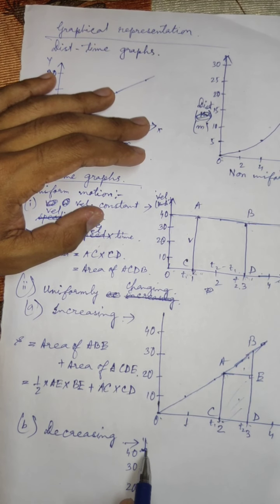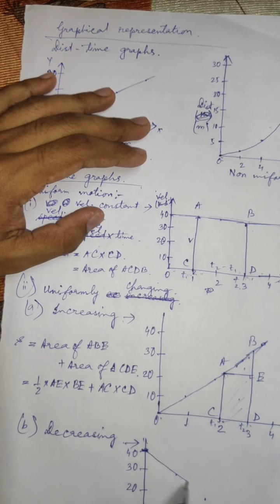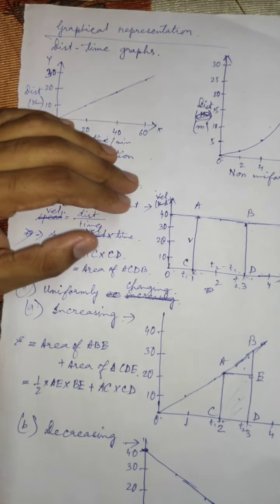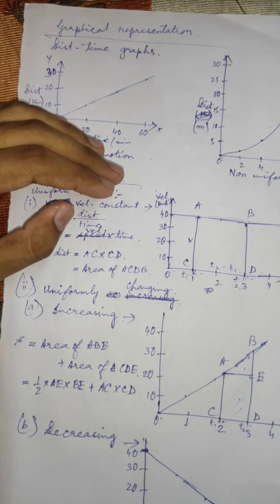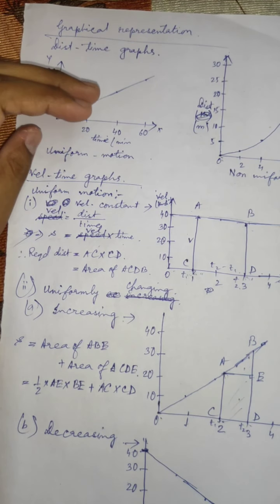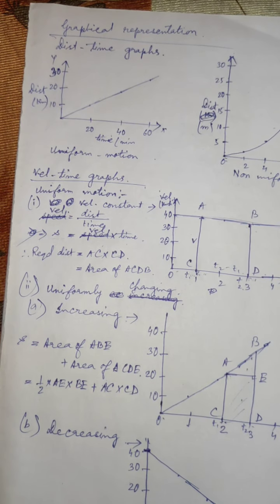Suppose the velocity at the first instance, at 0 seconds, was 40, and next hour it becomes 30, the next hour 20, the next hour 10, and next hour 0. If I join the straight line, it will be like this. So this will also be a straight line this way. These are the cases of uniformly changing.